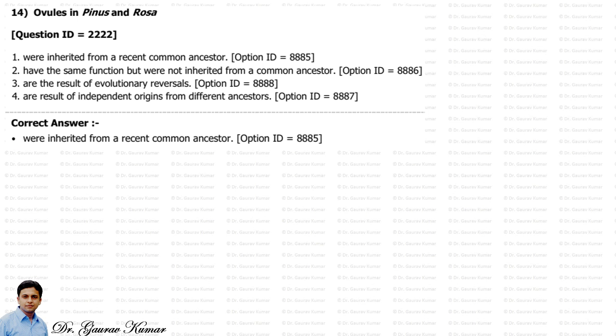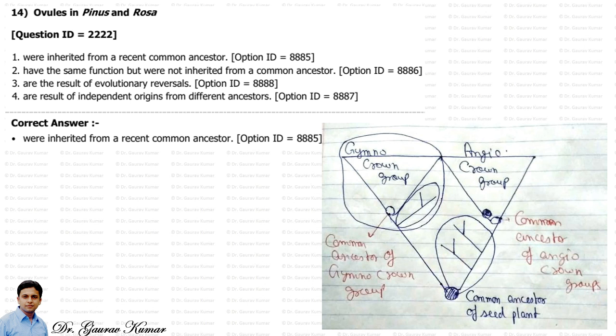Next question, ovules in Pinus and Rosa were inherited from a recent common ancestor. This question has, like, if you don't know the answer, still you can point out the correct option, because the other three options are irrelevant. Although I have drawn this figure just to make the option more correct.